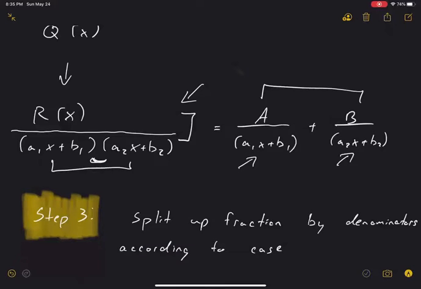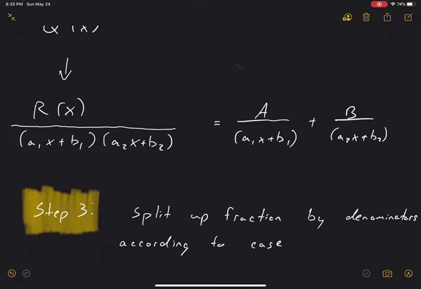It doesn't matter which order we write these in. I will be able to write it as A over a1x plus b1 plus B over a2x plus b2. So I want to split it up by factor. Now, what are these capital A and capital B?